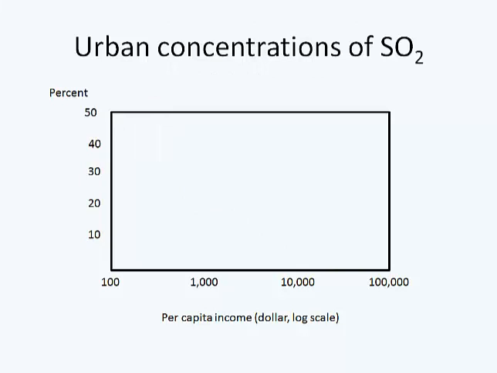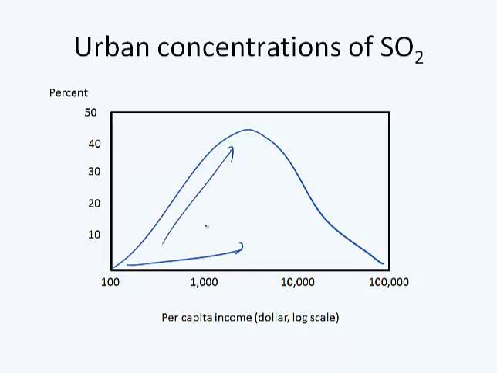Okay, next we look at the urban concentrations of sulfur dioxide. This one is even more complex than the previous example. It shows again the percentages of SO2 in the concentration, and then here it shows our income, and this relationship looks more something like this, meaning initially there's low concentrations, then if we get richer, there's an increase in the concentrations of sulfur dioxide, and then when we further increase our wealth, there's a decrease.